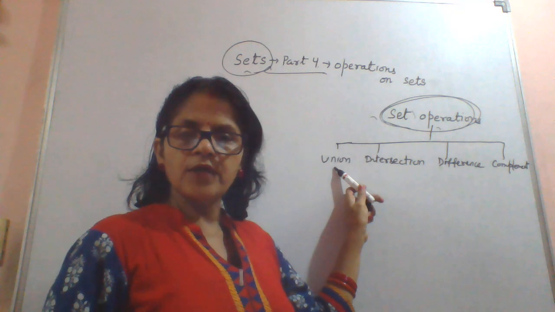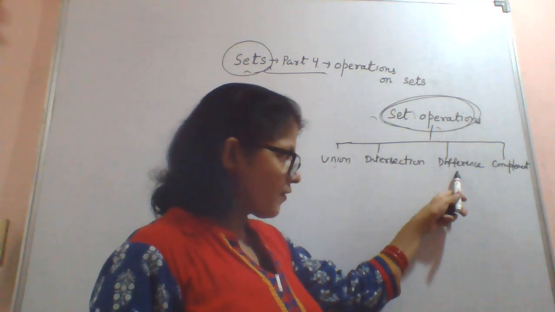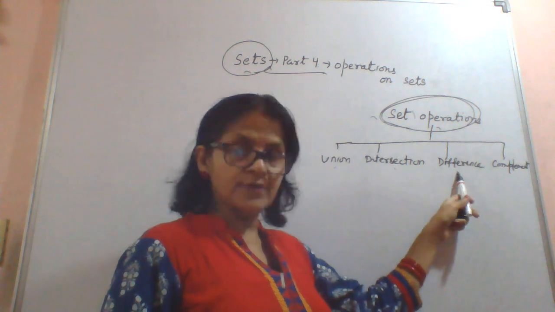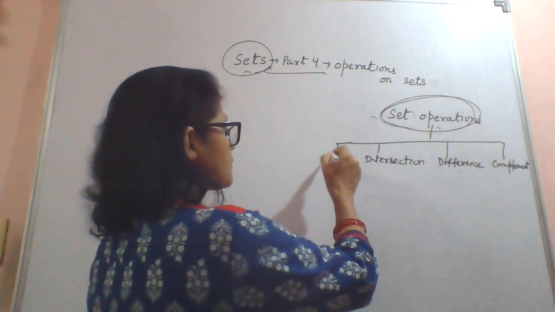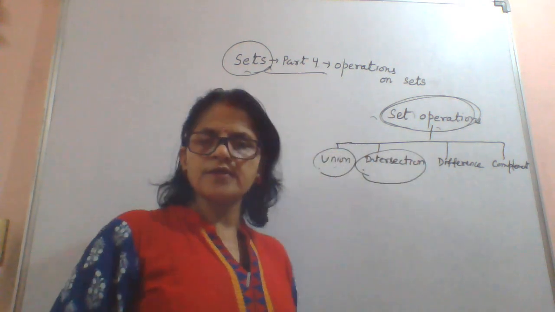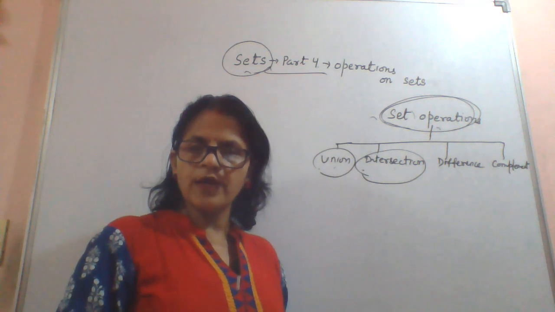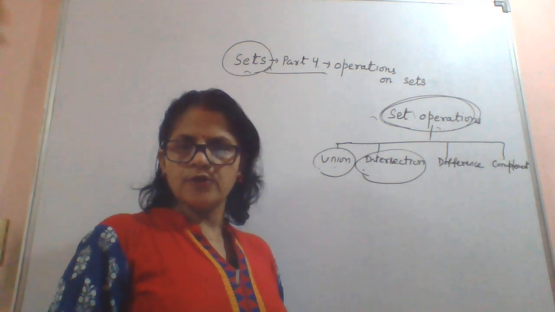Let's study some portions we have studied, like set operations. We have done union of sets and intersection of sets, and we have also covered union and intersection properties. We have to study difference of sets and complement.